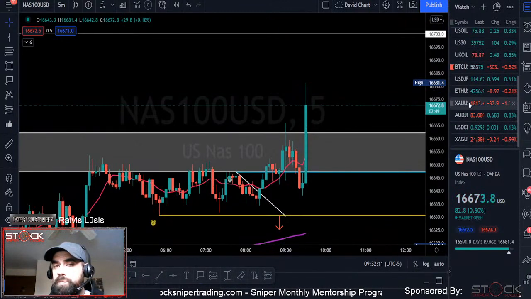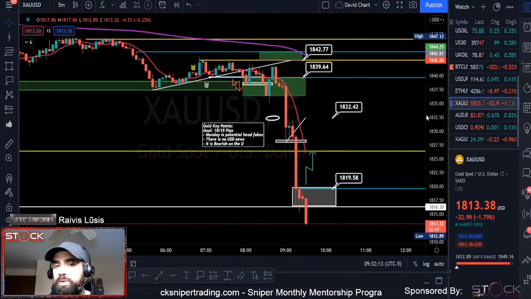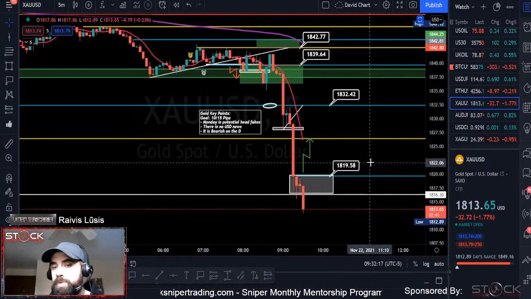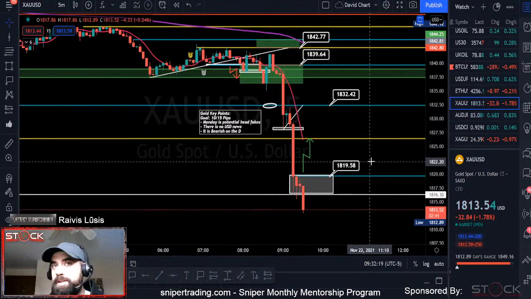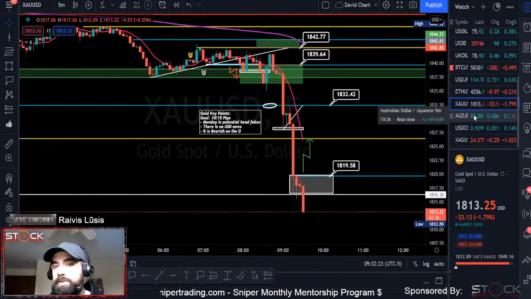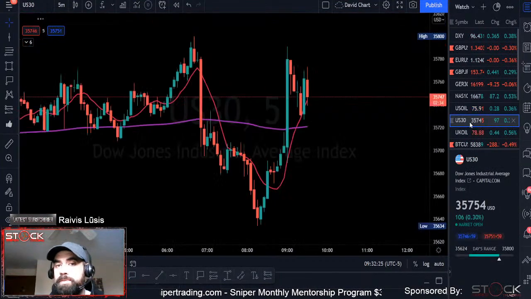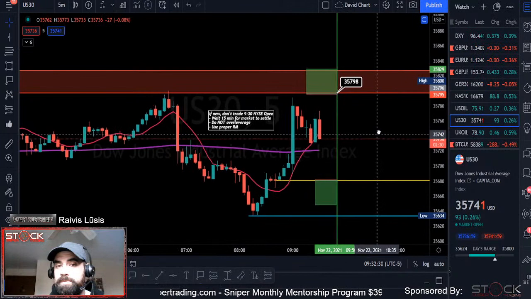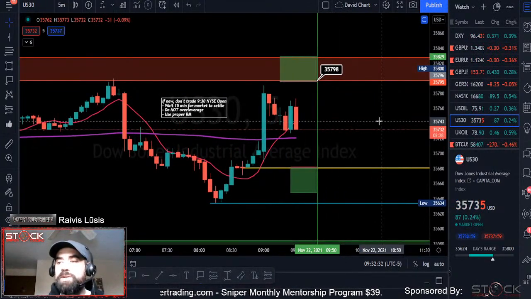Gold is still continuing, guys. No breakout whatsoever. It's still going down. We're looking at about 1810. Now let's check out our US 30. Still nothing as of right now.